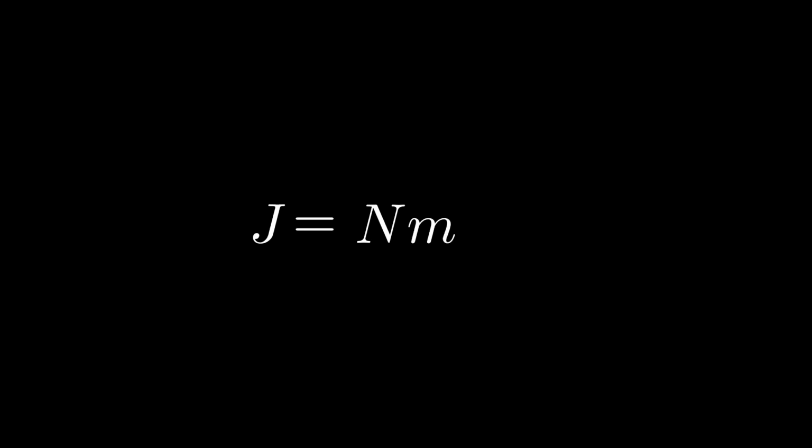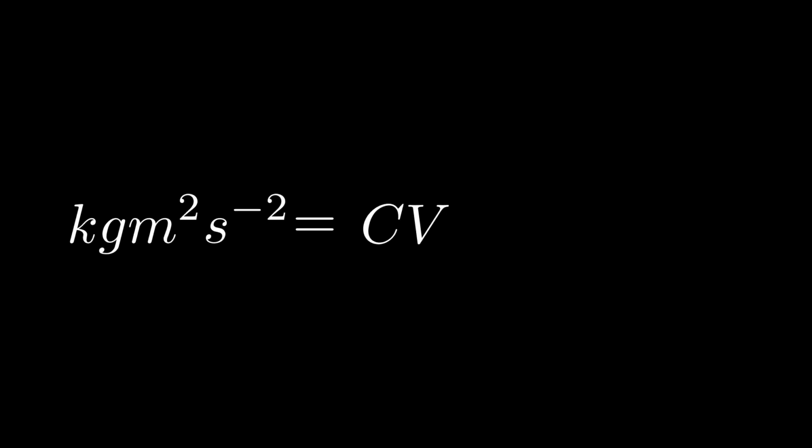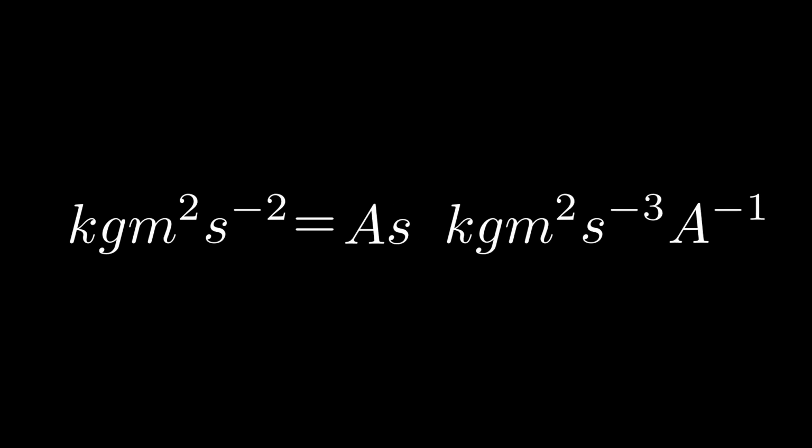But there's a different definition for it, being coulomb times volt. How do these two come out to a joule? Well, let's open these two up, and we find out that a coulomb is this, and a volt is this huge thing. But when we multiply this together, the ampere and second from the coulomb cancel out, giving us a joule. Isn't that something?